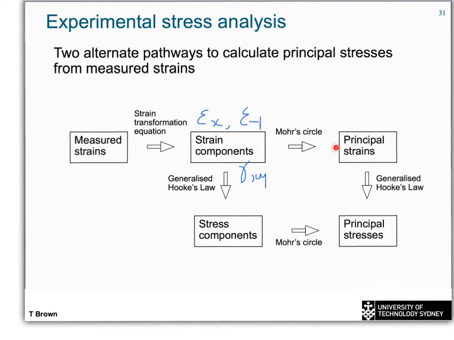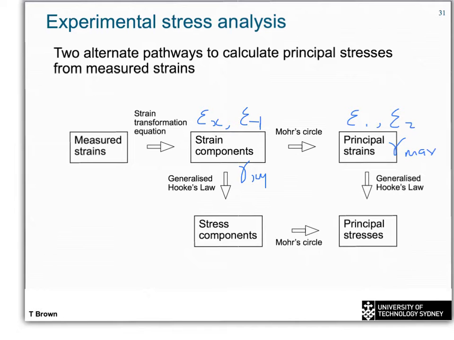Then we can use Mohr's circle to go over here to find the principal strains, so strain 1, strain 2, and the maximum shear strain. And then we can use the generalized Hooke's law that we just looked at on the previous slide. That's how we would go down to here to get our principal stresses.